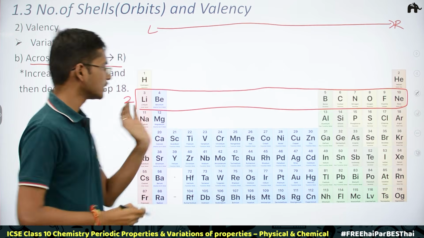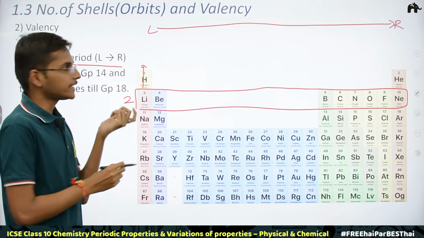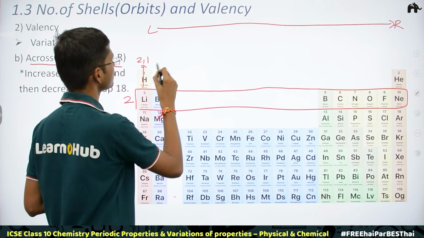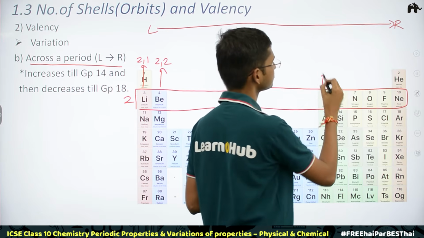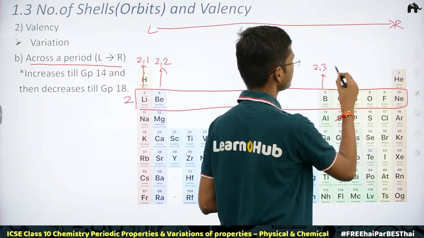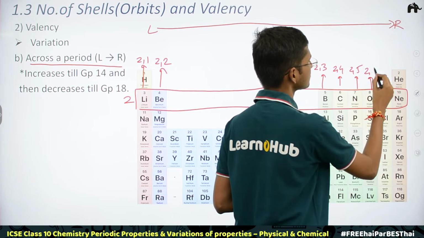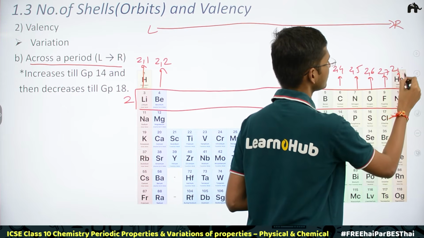For that, we first write the electronic configuration in order to find valency. It is 2, 1 for lithium, 2, 2 for beryllium, 2, 3 for boron, then for carbon 2, 4, nitrogen 2, 5, oxygen 2, 6, fluorine 2, 7, and neon 2, 8.